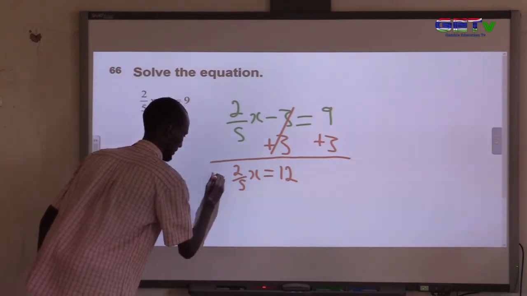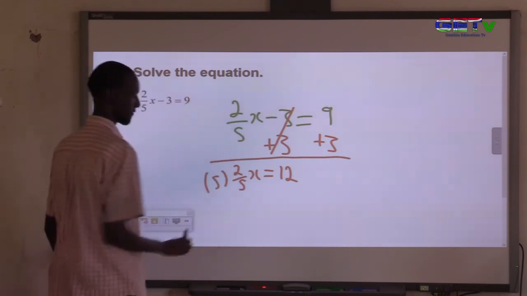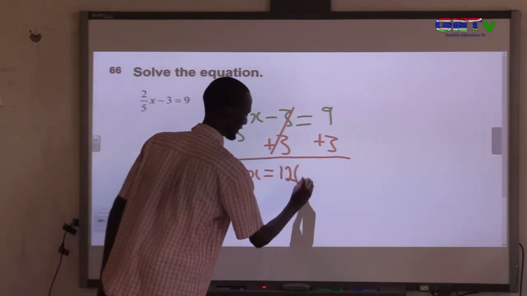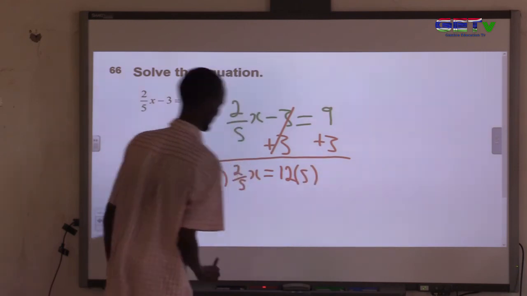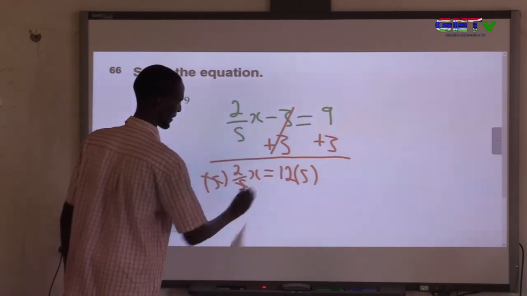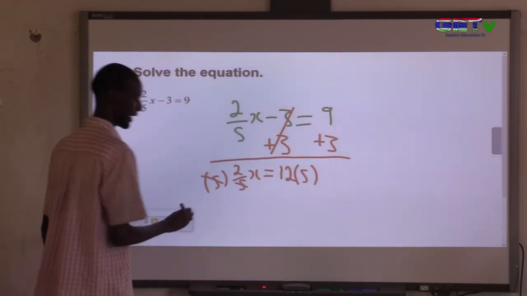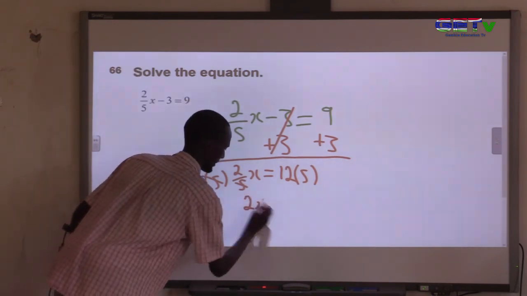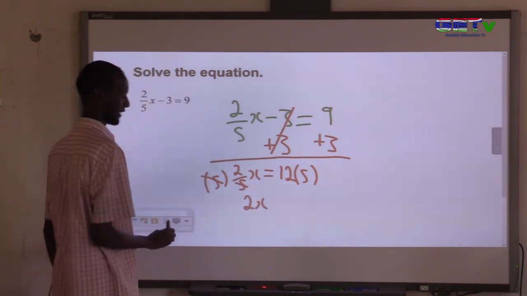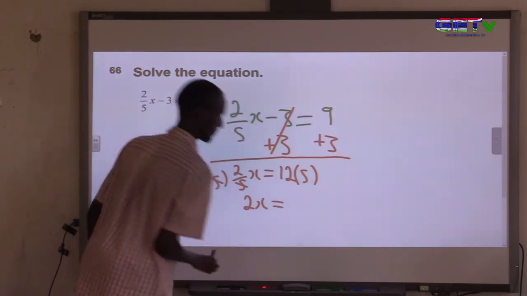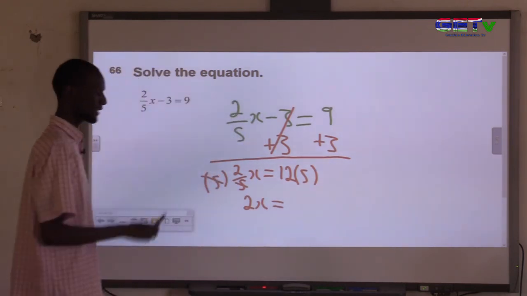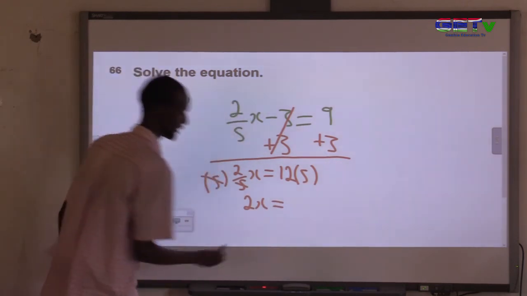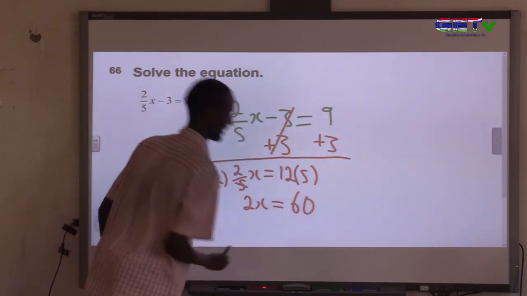You multiply the left-hand side by 5. You also multiply the right-hand side by 5. The 5 will cancel out the 5. Now we are left with 2x on the left-hand side equals 12 times 5, which should give us 60.